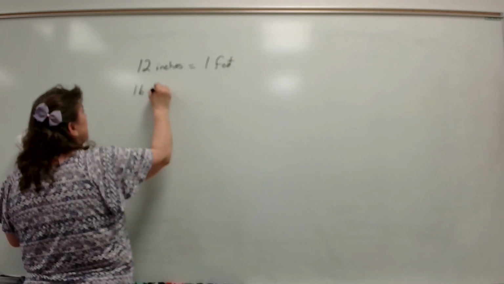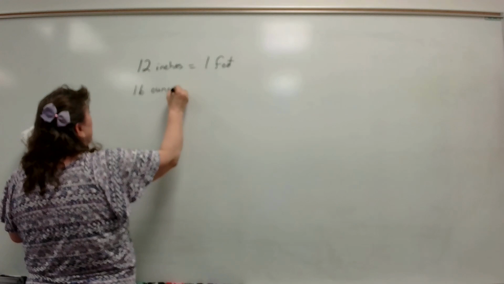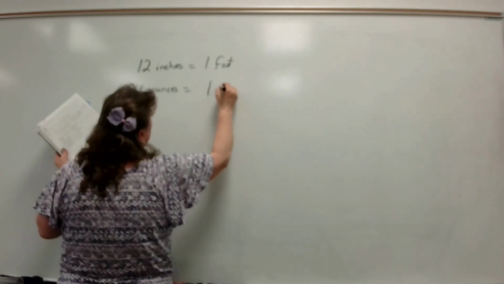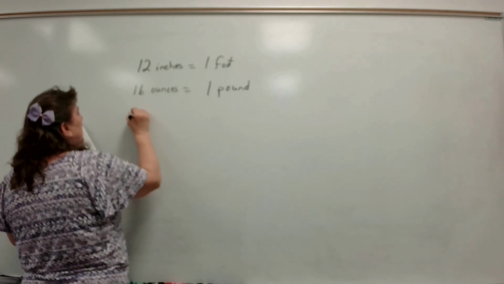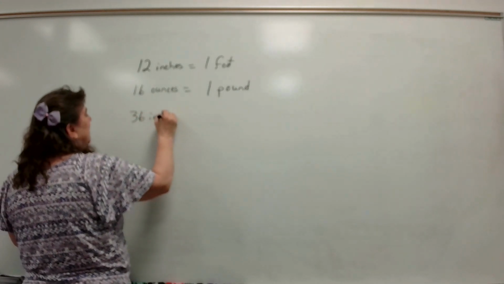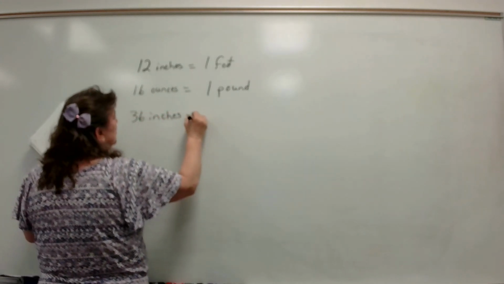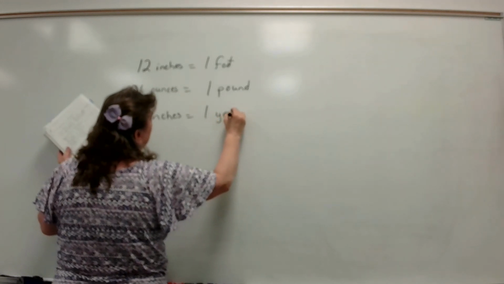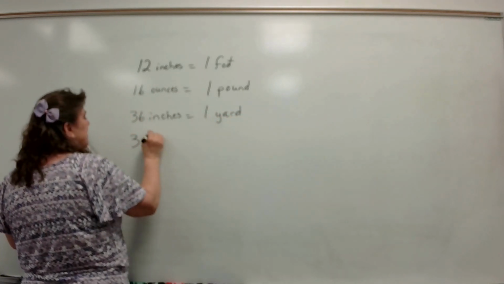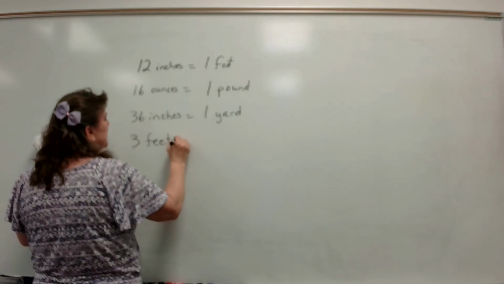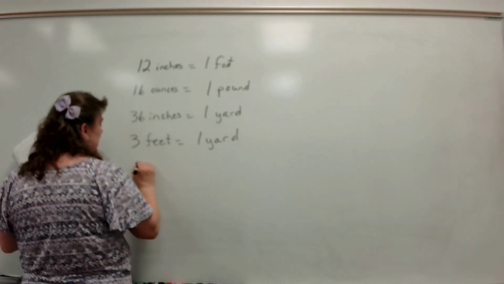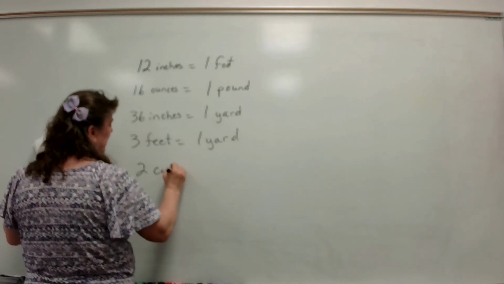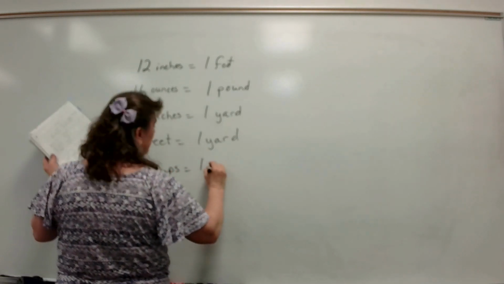16 ounces is equal to 1 pound. Let's see. 36 inches is equal to 1 yard. 3 feet is equal to 1 yard. 2 cups equals 1 pint.